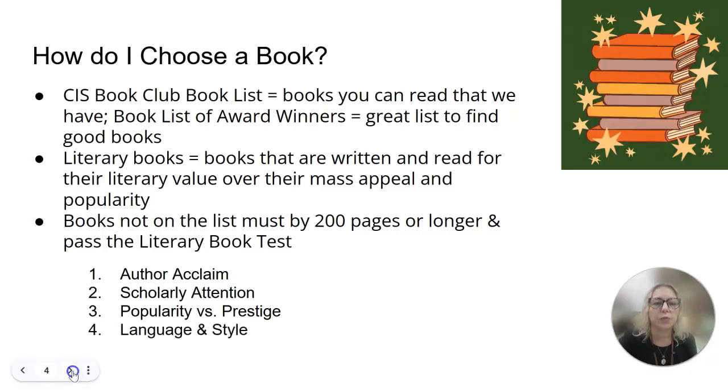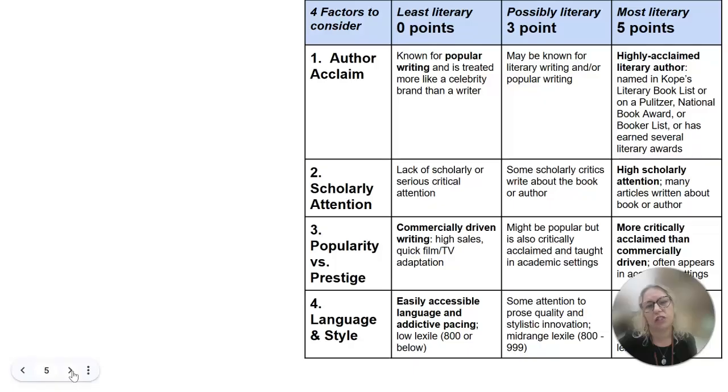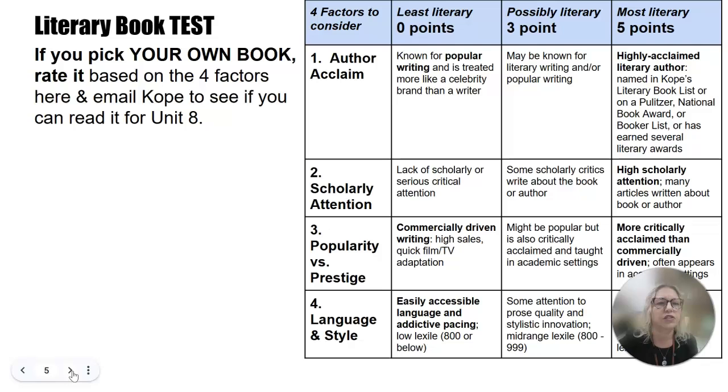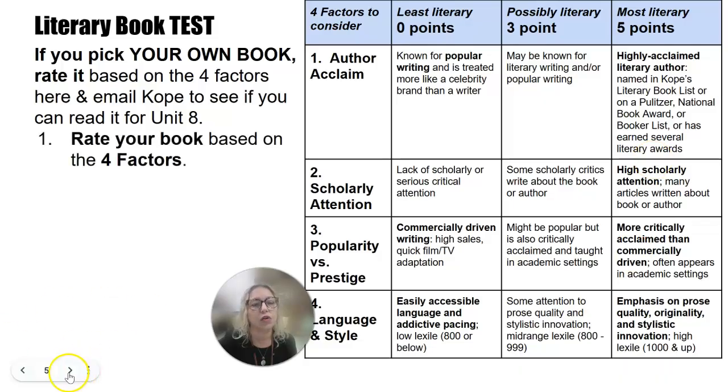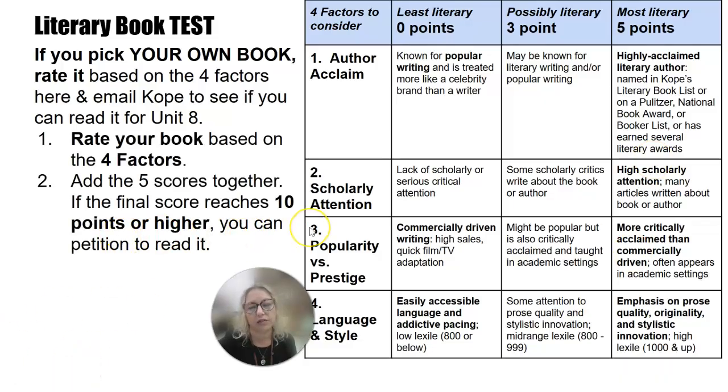So the literary book test is in Schoology. This is how it looks also. And the first thing you have to do is look through those 4 criteria that I just gave you, and you want your book to score over here. In the end, your book has to score 10 points or higher.